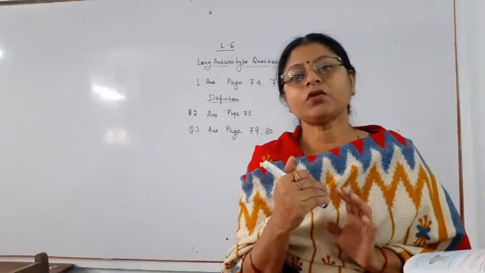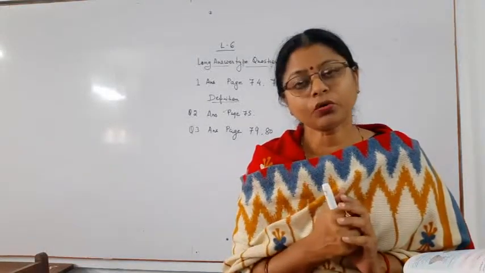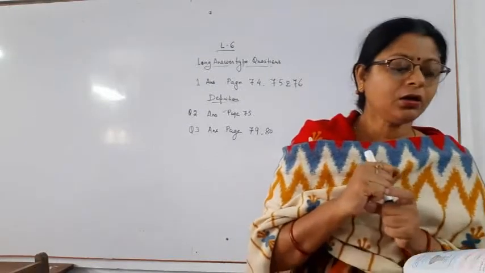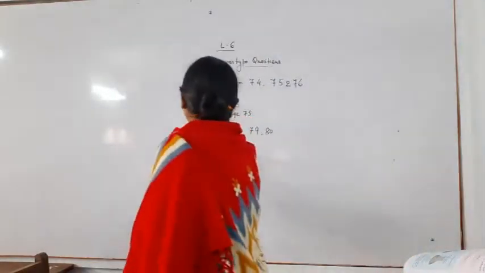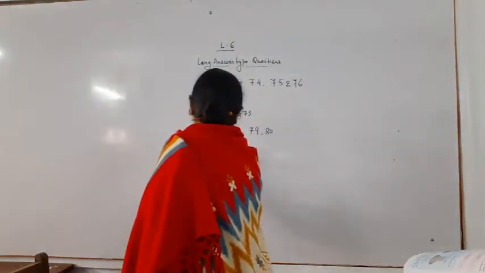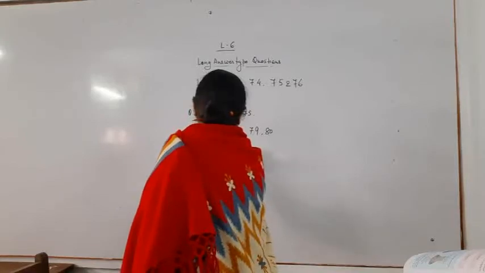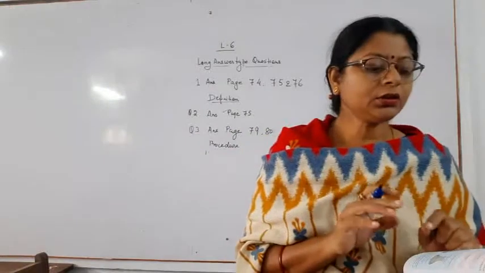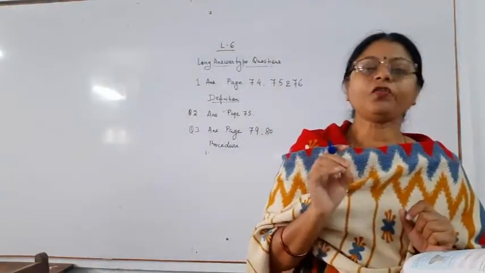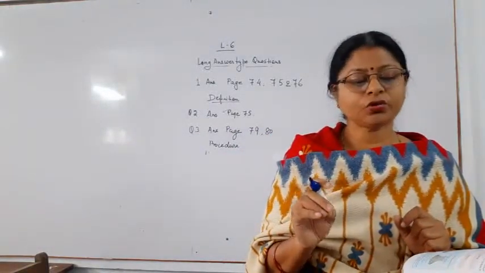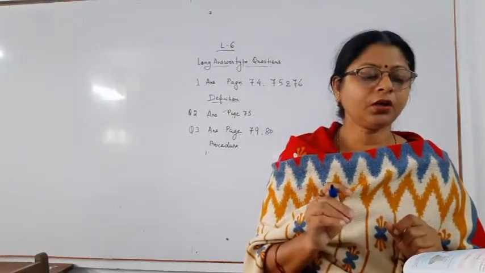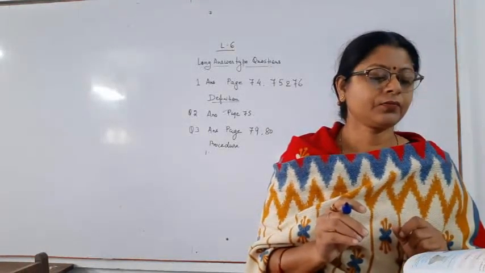After that the observation is also given in two parts. When you write down the procedure, you write down point 1: take about 50 ml NaOH solution in a flask, add a few drops of phenolphthalein to it.